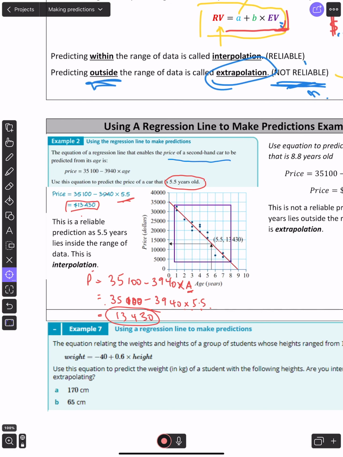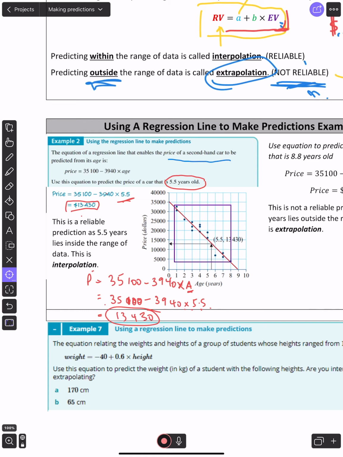Using the actual visual of the line is good for a check, but I would highly recommend that you don't rely on this to get your prediction. You should always use the equation, because we've got decimals in here and quite large numbers, so you'll get a much more accurate number using the equation.